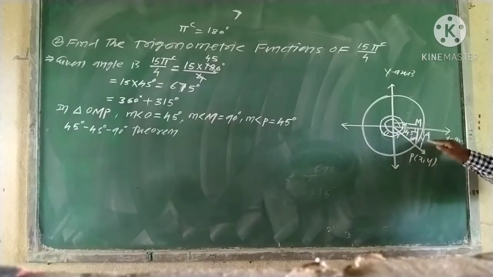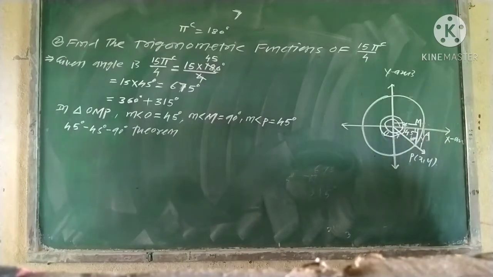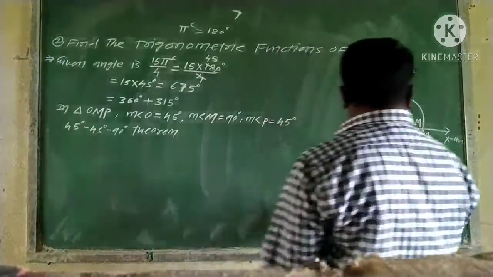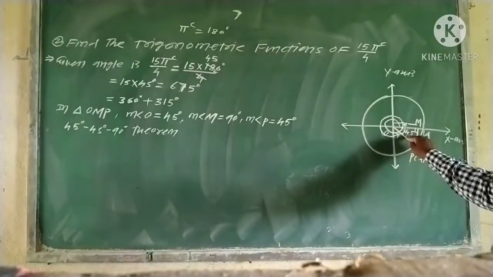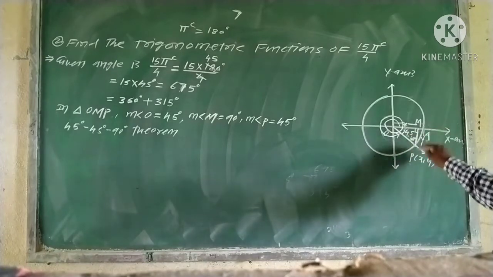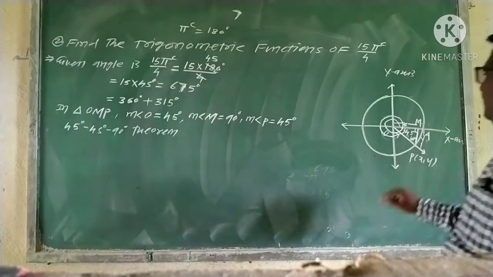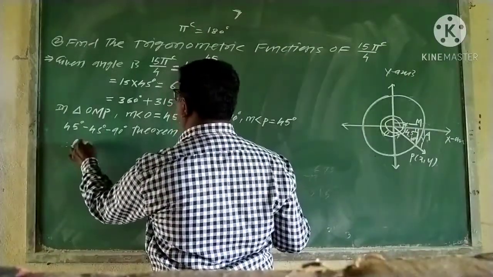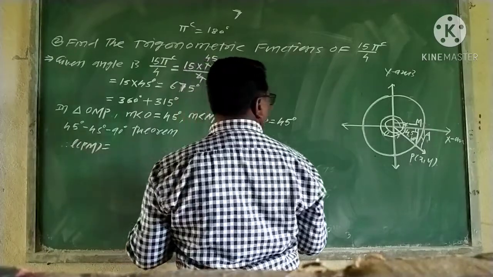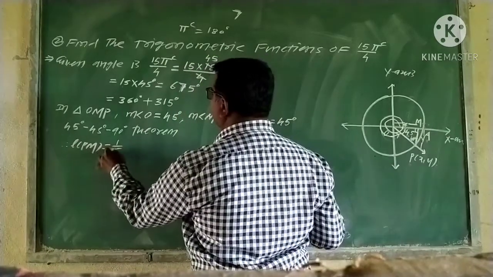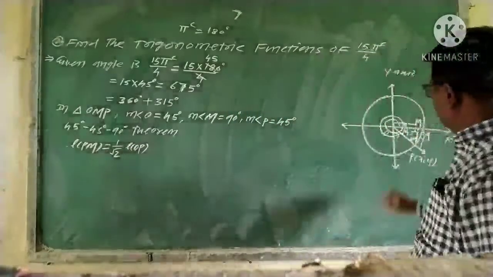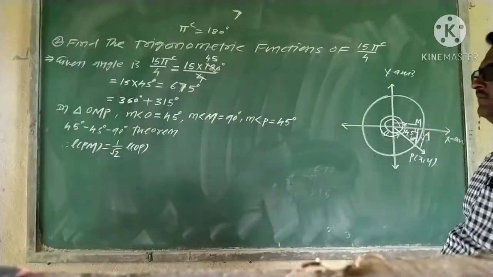The distance covered by P on the y-axis is equal to y, meaning length OM is equal to x and length PM is equal to y. By the 45-45-90 theorem, the angle of 45 degrees has opposite side PM, so length PM equals 1 upon square root 2 times length OP, where OP is the hypotenuse.